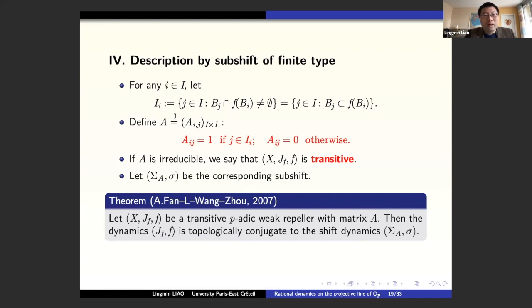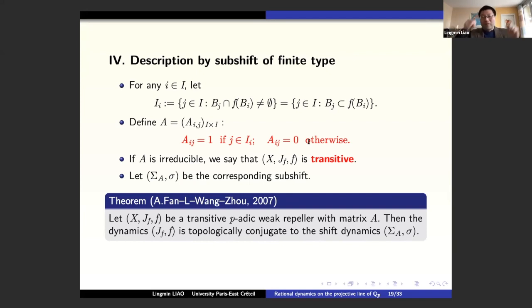I will call the small balls the symbols. So you have symbols. If one symbol goes to another, I will take the matrix entry 1. If not, I will take 0.